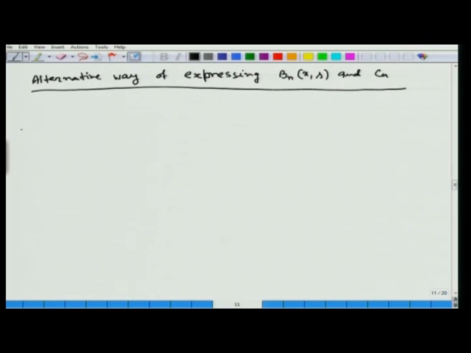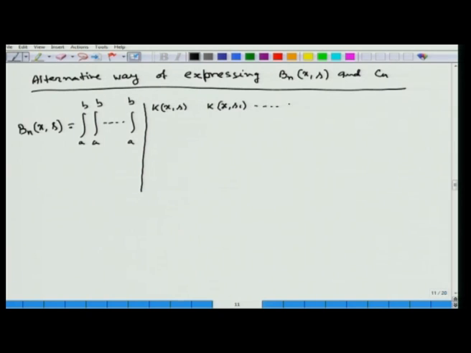So, first of all we define Bn(x, s) as integral a to b, integral a to b, up to integral a to b, of the determinant with first row K(x, s), K(x, s1) up to K(x, sn).